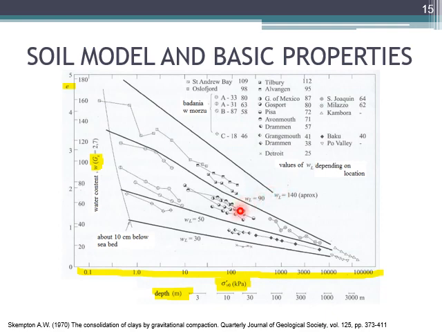The higher the liquid limit, the higher also is the void ratio. The samples that are shown here, the ones taken from the bottom of the seabed, are so-called normally consolidated soils. So they have never been loaded more than now, and they will always have the highest void ratios.